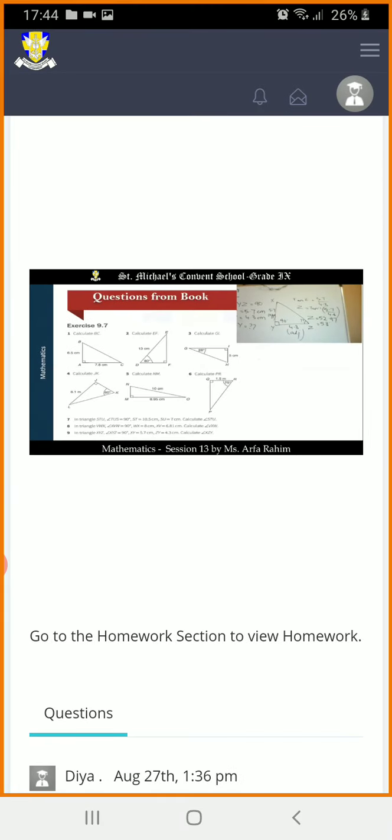So tan inverse 5.7 divided by 4.3 is equal to 52.97. Right? You can even round it off to 53 degrees. So Z will be 53 degrees. So here we are done with all questions of exercise 9.7.